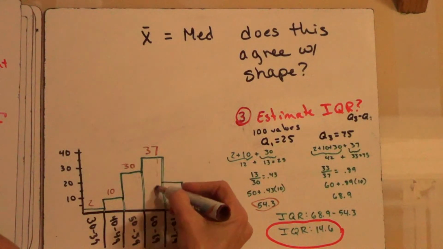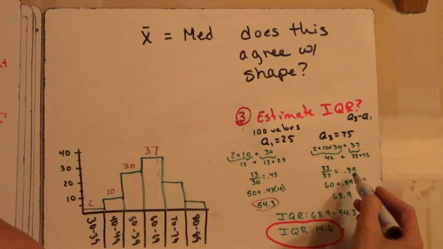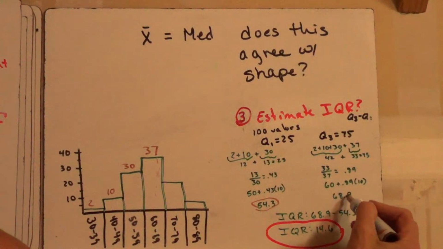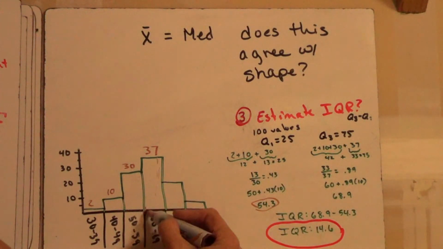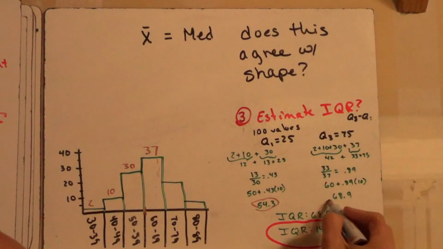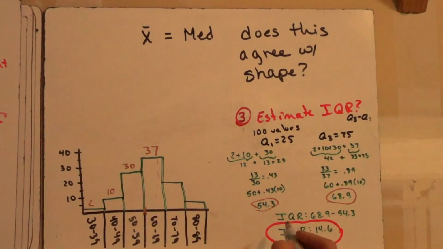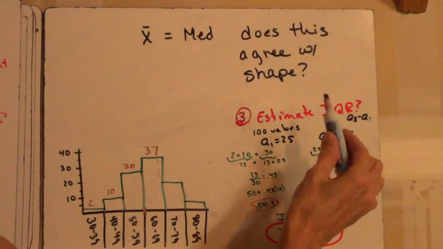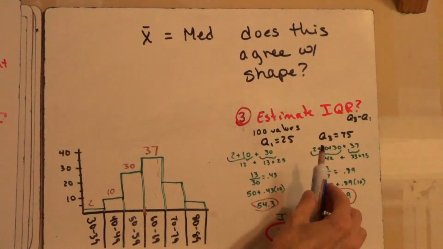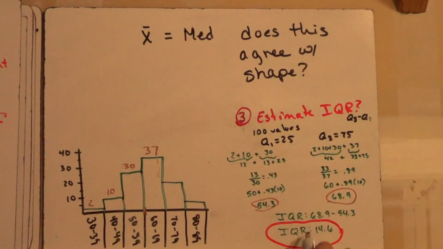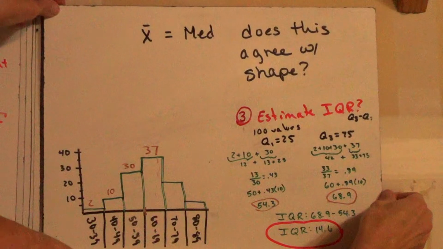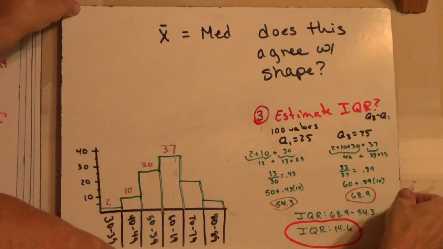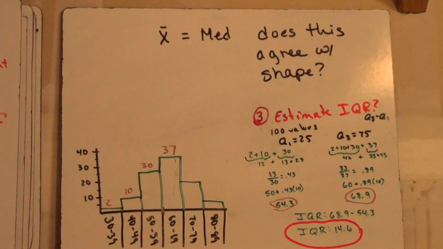It's clear over in the column of values. 0.89 times 10 is 8.9 plus the 60, which is the lower limit of that column, comes out to be 68.9. That's my third quartile and my first quartile, so I subtract them and I get that my interquartile range is 14.6. So that's how we manipulate the data on histograms. Study these, come ask lots of questions. Sorry for the lights out.